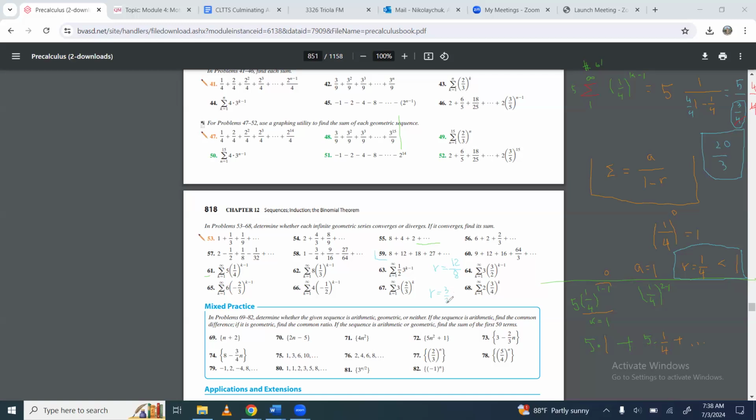Since it's greater than 1, the sum of the series is not going to be finite, it would be infinite. So we say it's a divergent series, or we can say the sum is not finite, it's infinite. Same thing, but the ratio has to be less than 1. That's important.